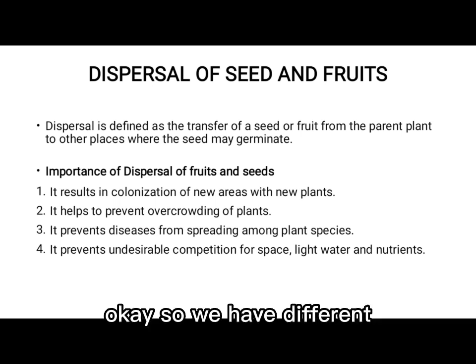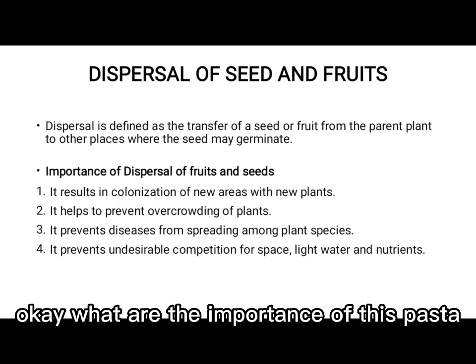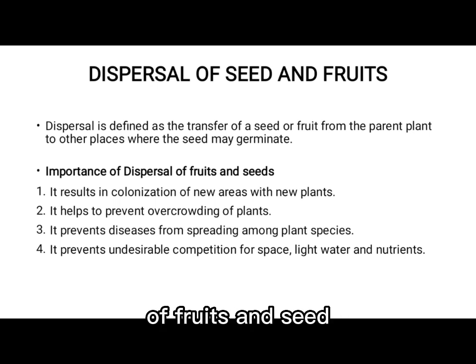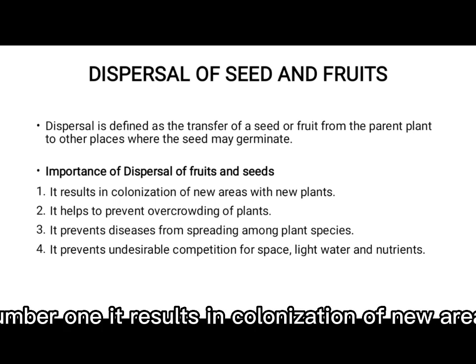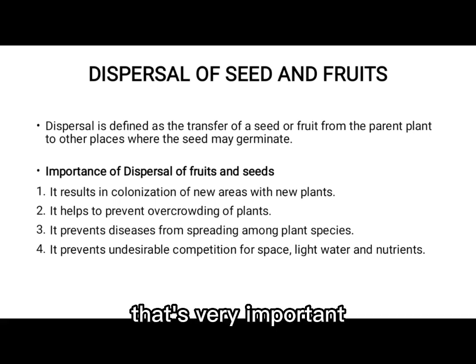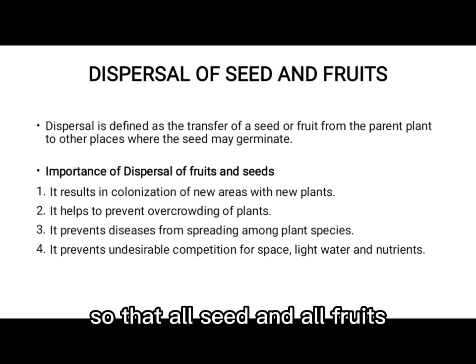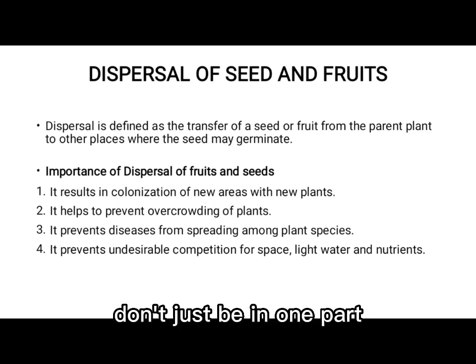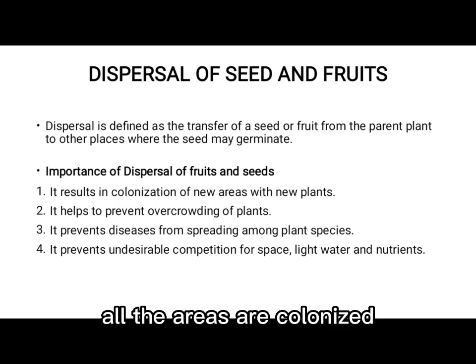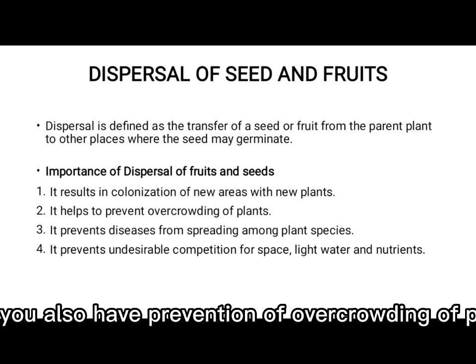So we have different types. What are the importance of dispersal of fruit and seed? Number one, it results in colonization of new areas with new plants. That's very important, so that all seeds and all fruit don't just stay in one part. Other areas are colonized. Then you also have prevention of overcrowding of plants.